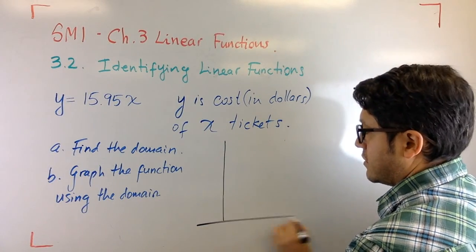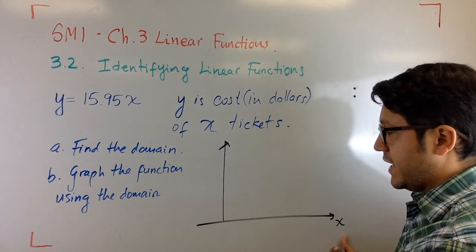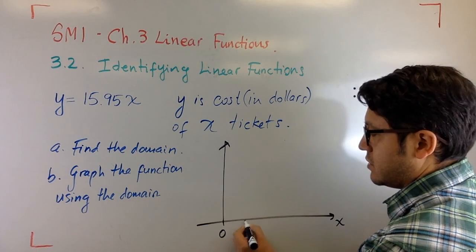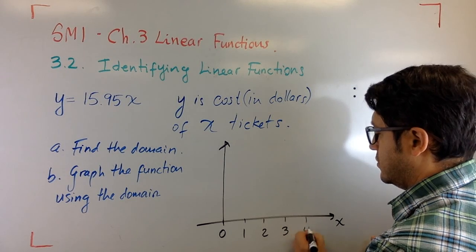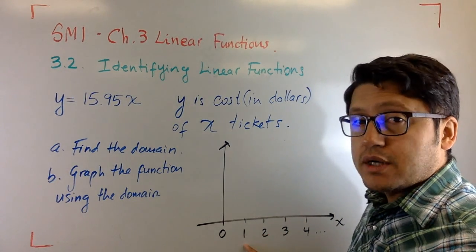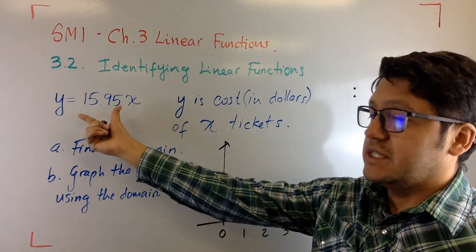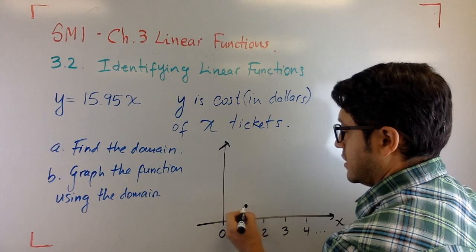We'll have the horizontal axis corresponding to x, which starts at 0, then 1, 2, 3, and so on. And then, when x is 1, I know that one ticket costs $15.95, so I could do something like this.